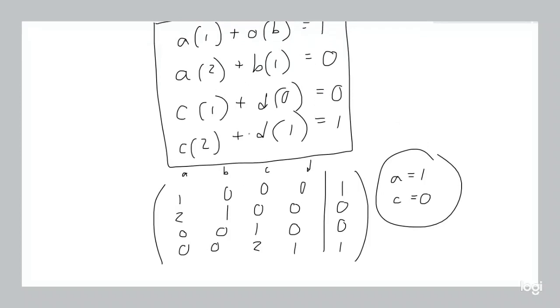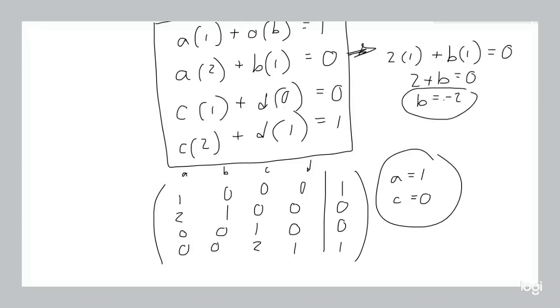You could also take this information right away to get your answers. If A equals 1, then this equation tells you 2 times 1 plus B times 1 gets you 0. 2 plus B equals 0, so B equals -2. And from this equation, you have 2C plus D equals 1. You know that C equals 0, which tells you that D equals 1.